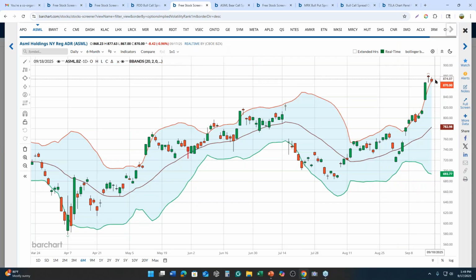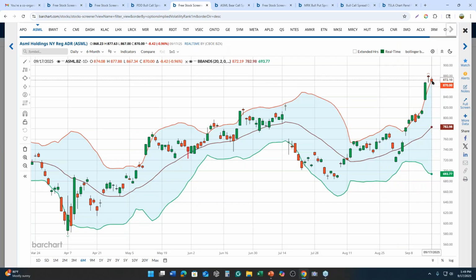So again, if I'm aggressive, I'm going to look at strikes that are on the Bollinger Band or slightly inside. If I'm conservative, I'm going to be outside the Bollinger Bands to look for those spread combinations. Now for mean reversions, how do we define our opposing leg in terms of our credit spread?